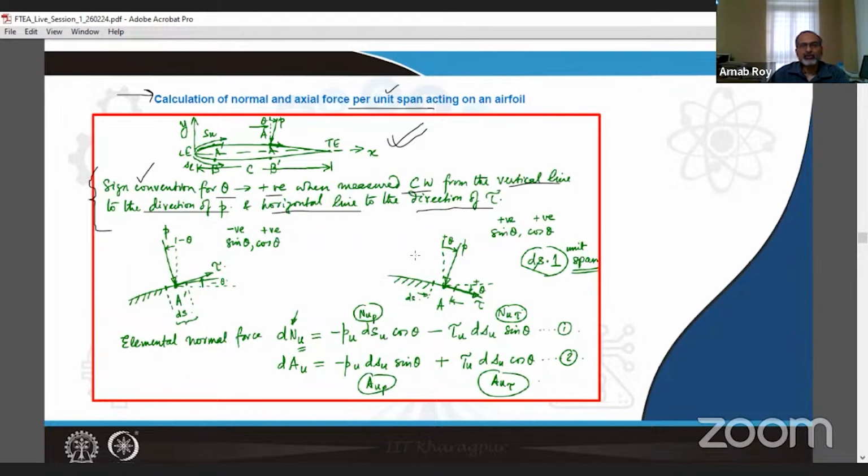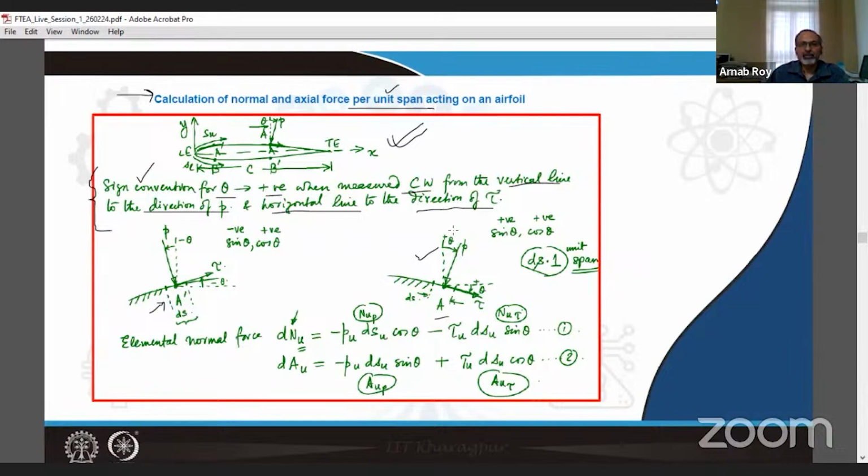So that's the positive theta that we are talking about. Following that convention, if you take two points, namely A and A dash, you can figure out that these are points typically on the upper surface of the airfoil, looking at the shape or slopes.